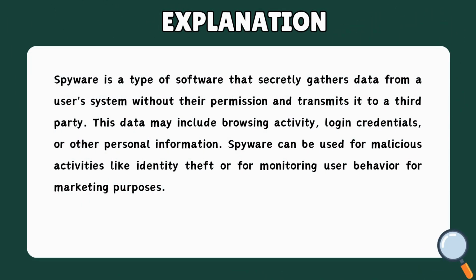Spyware is a type of software that secretly gathers data from a user's system without their permission and transmits it to a third party. This data may include browsing activity, login credentials, or other personal information. Spyware can be used for malicious activities like identity theft or for monitoring user behavior for marketing purposes.